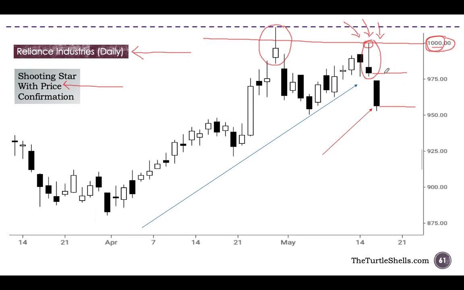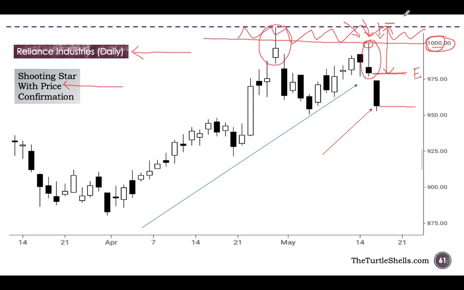So if we had taken a position here, our risk would be that much, because you now have a resistance zone, right? Between 1000 and that line there is a resistance zone. So we keep our stop loss above the zone, just one or two ticks above the zone.